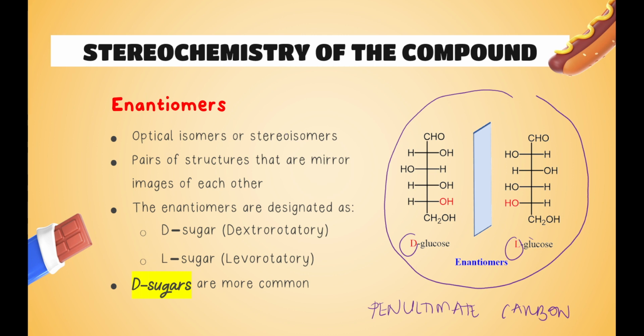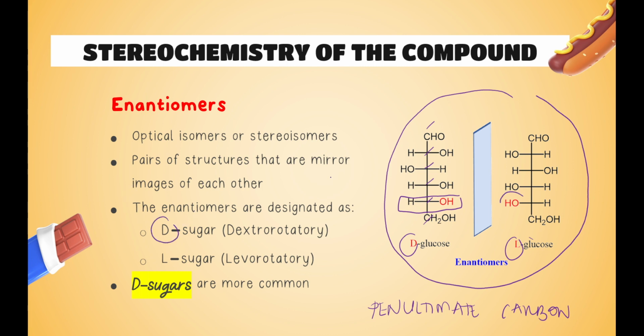So going back to the structure here, right? 1, 2, 3, 4, 5, 6. Since we are trying to find the penultimate carbon, which is second to the last, we need to look at this fifth carbon. Then look at the position of the OH. If the OH group is on the right side, we designate that as letter D or dextrorotatory.